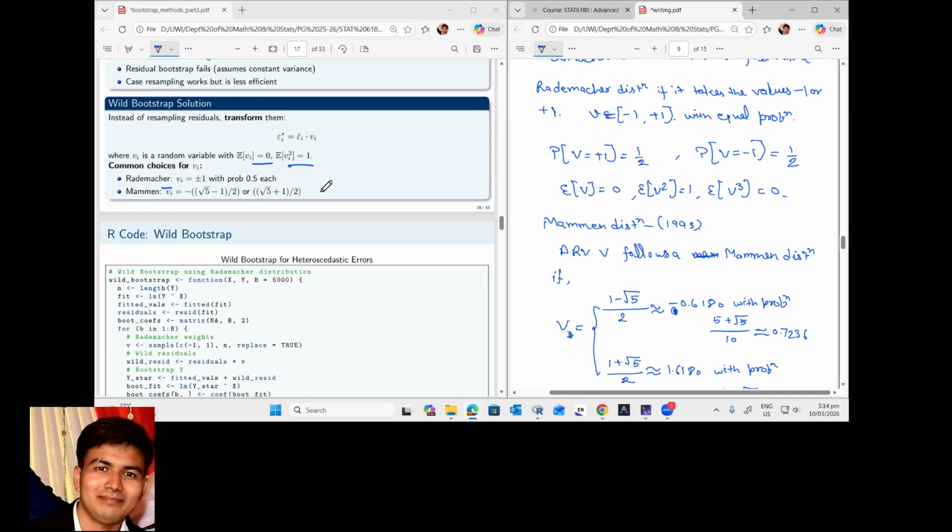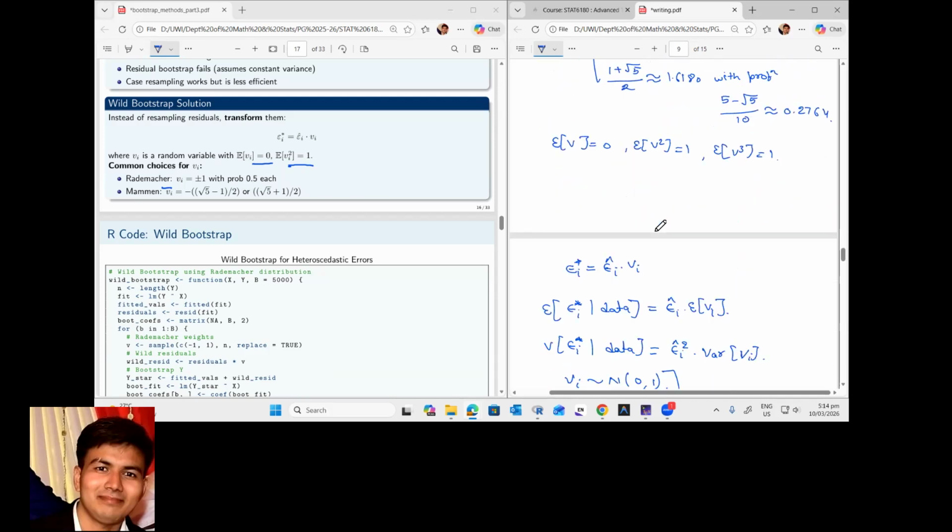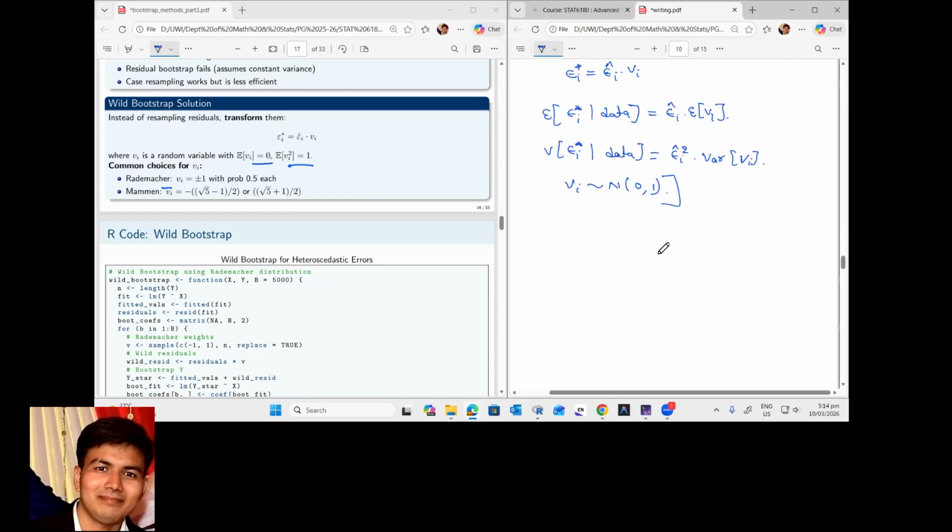And here the comment should be on how it will preserve the heteroscedasticity. So consider the conditional variance for the bootstrap error. It will be the variance of epsilon i star given the data xi and error epsilon i hat.